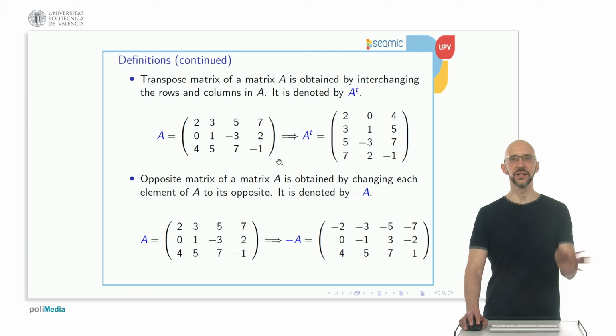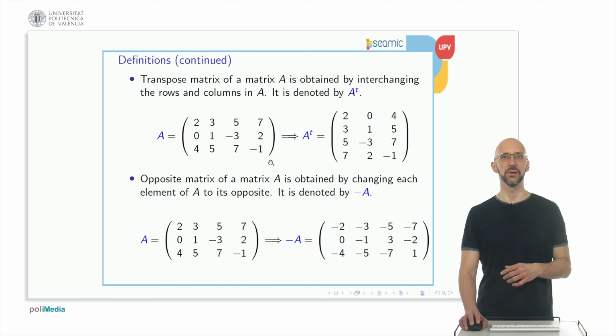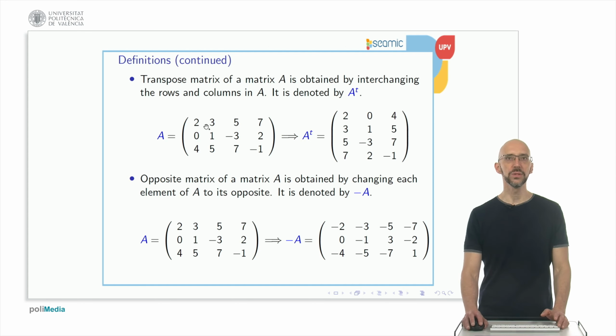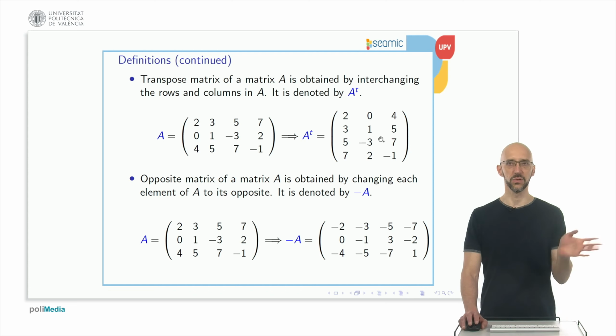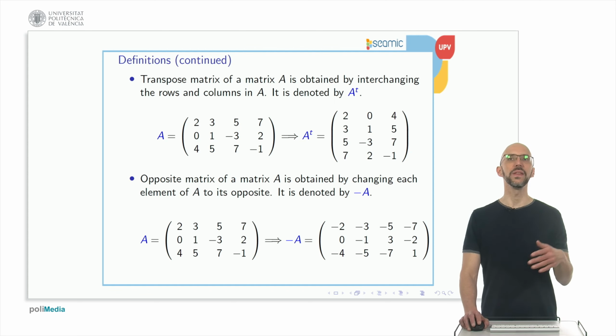So it's like flipping this matrix by 90 degrees. Rows become columns, or, if you prefer, columns become rows. The key point is that you just need to flip these elements. The opposite matrix is the matrix multiplied by -1. It's the matrix such that all the elements have the opposite sign.